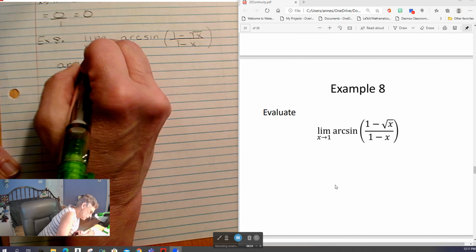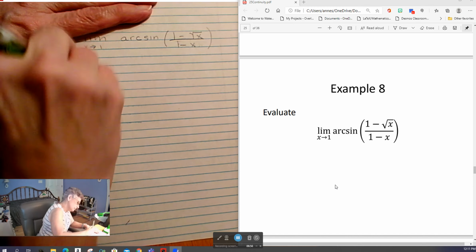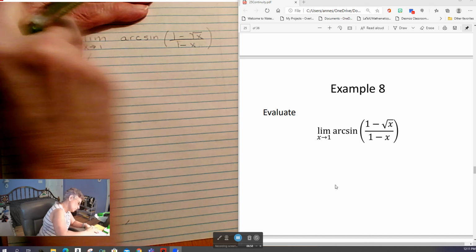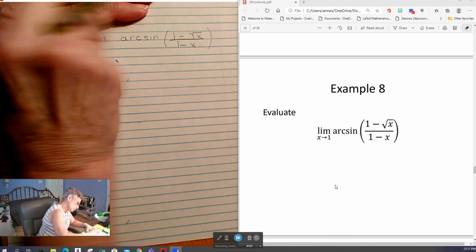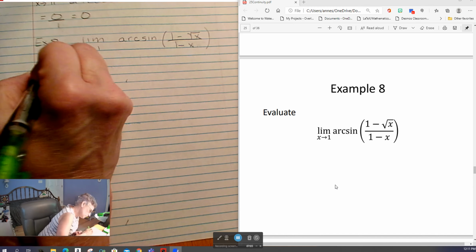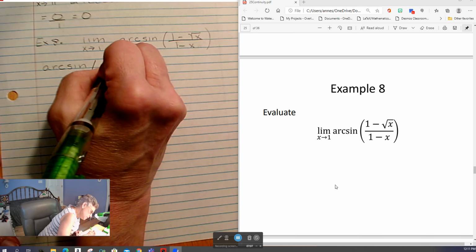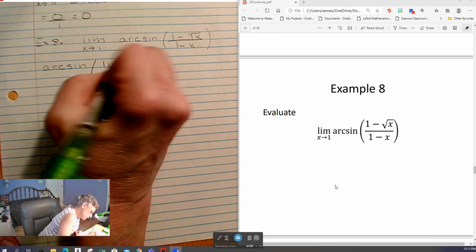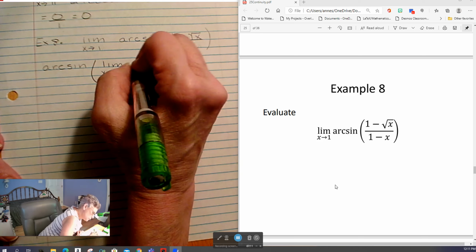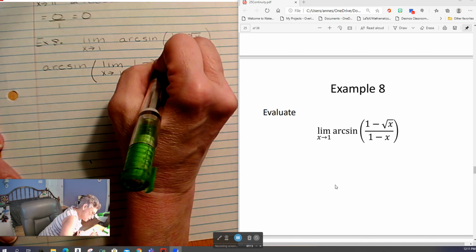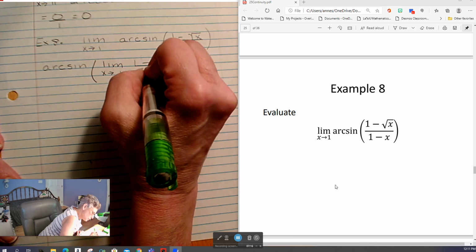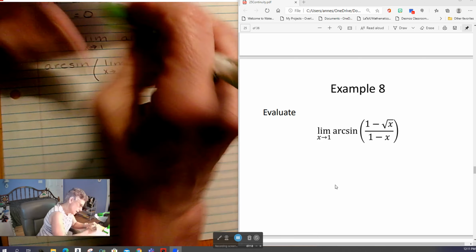So we take the arc sine of the limit as x approaches 1 of 1 minus the square root of x over 1 minus x.